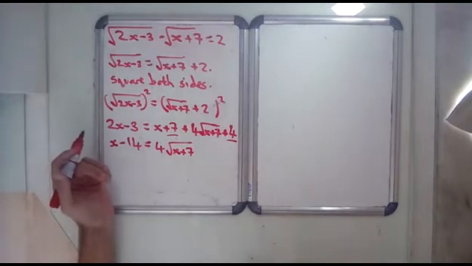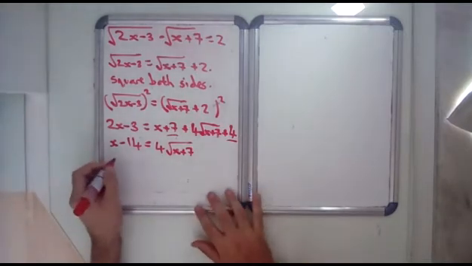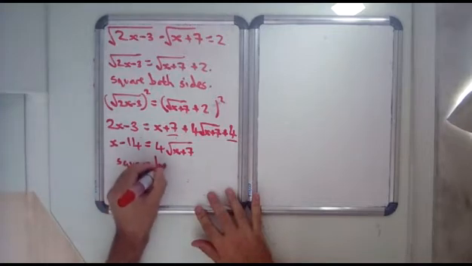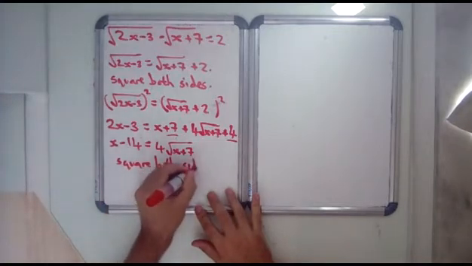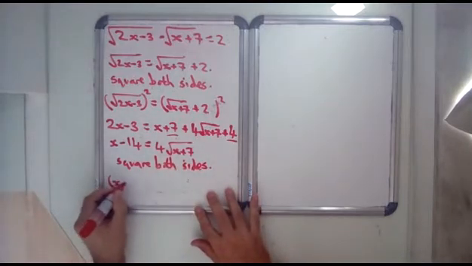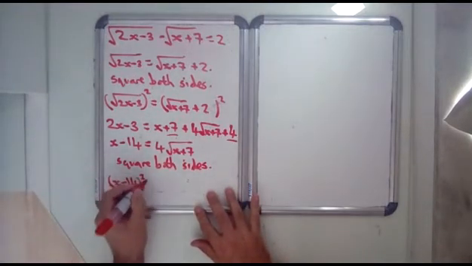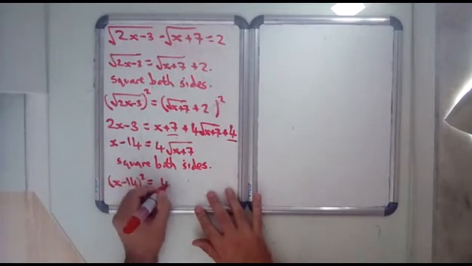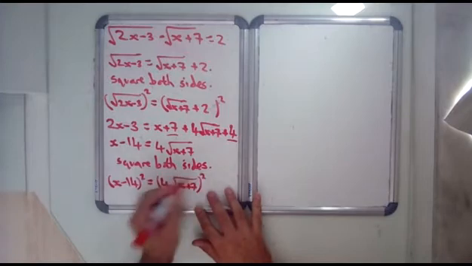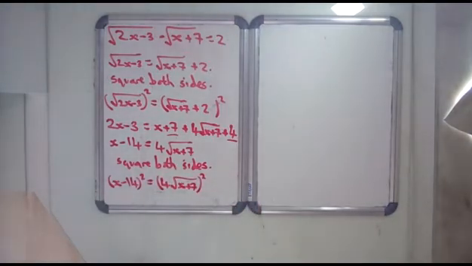Now, unfortunately, you're going to have to square both sides again, because we still have a nasty radical. So you're going to have (x minus 14) squared equals 4 square root x plus 7, squared. This is a perfect square, so don't fall into the trap of forgetting to square that 4, it's really important.